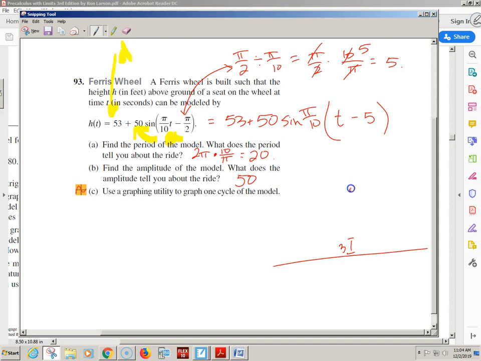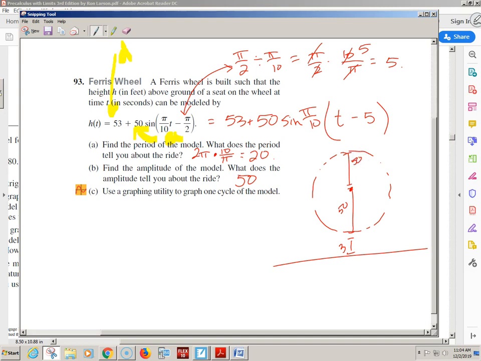And then it had a diameter of 50? Because it started at 53. And you didn't want the poor little people here to be hitting the ground when they came around, and usually that little platform. That's a tiny platform. But anyway, 3 feet off the ground, and then 50 was the diameter both directions. So that's what it tells you about the ride.